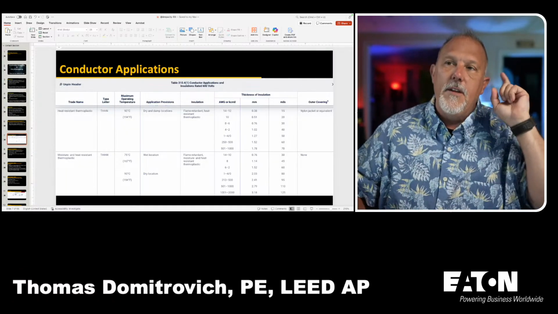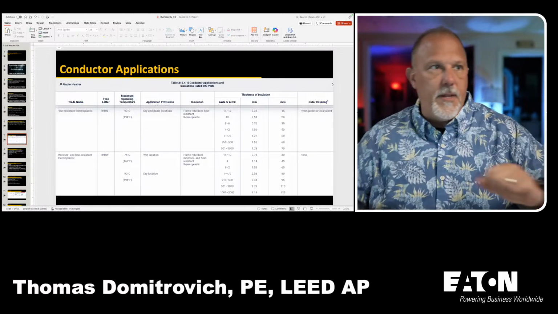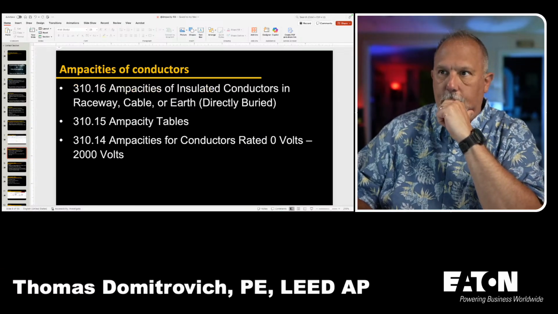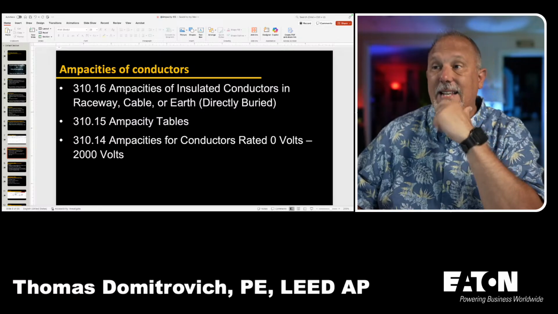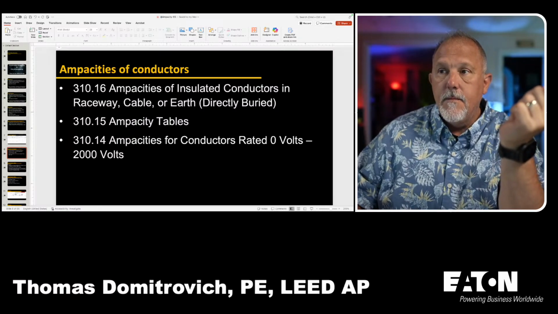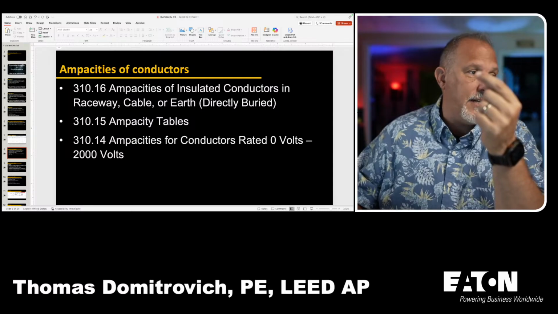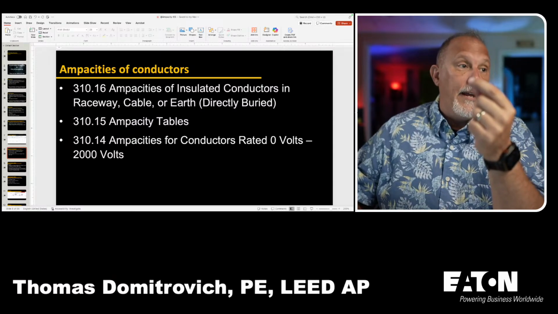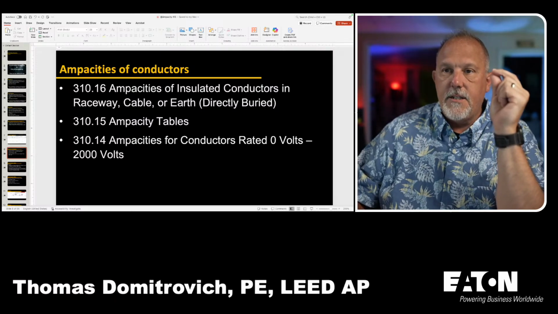All right, so Table 310.4(1) is going to be an important table for you all. All right, so then 310.15. What's 310.14 first? 310.14 tells us, okay, so let's do this.